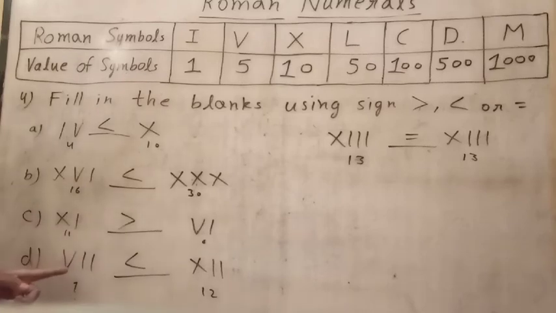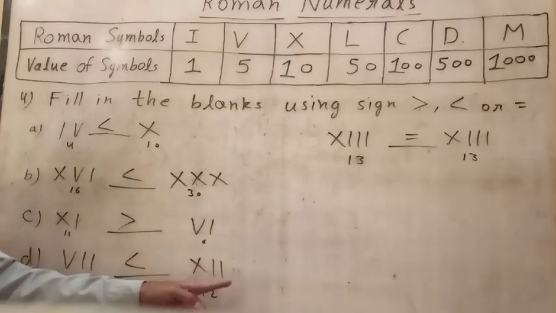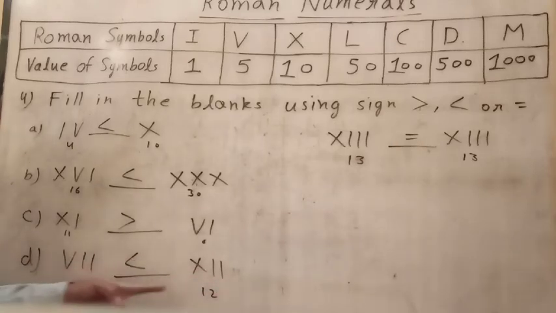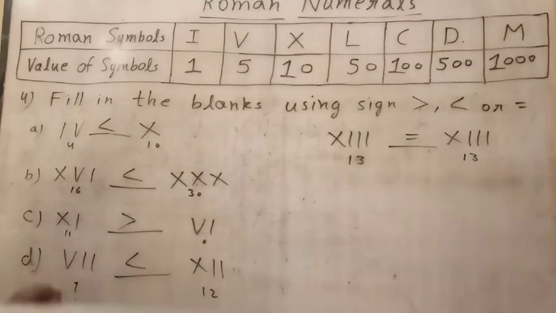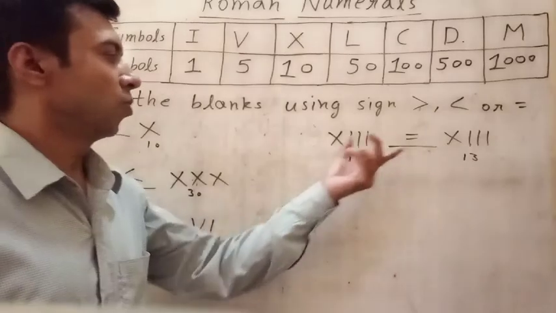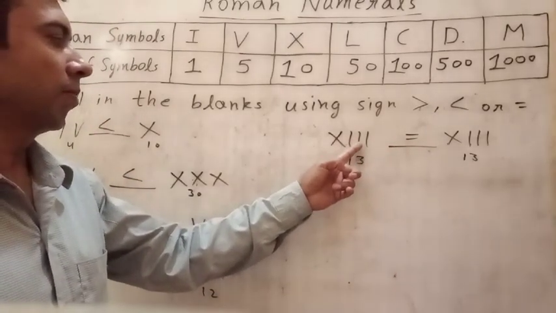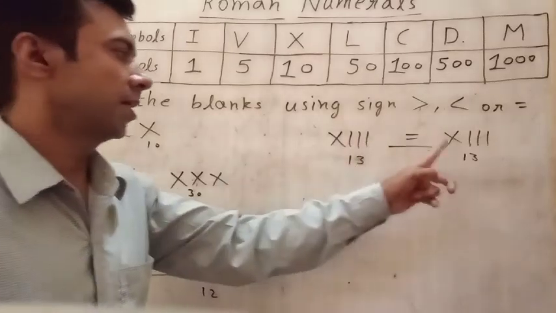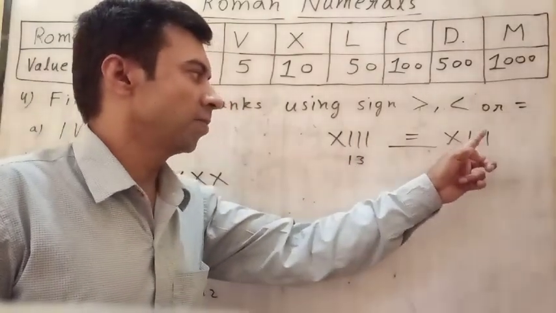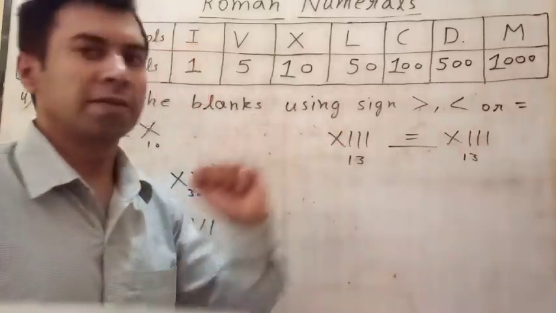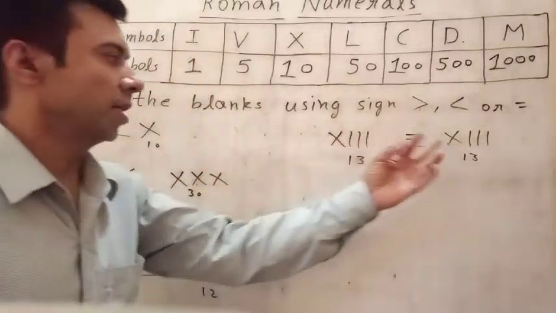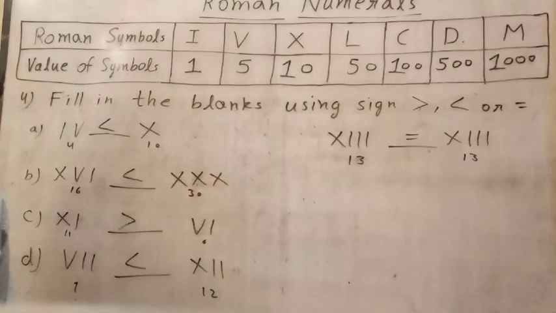Then 5 plus 1, 6, plus 1, 7. Here 10 plus 1, 11, plus 1, 12. 12 is greater than 7. Here both sides 13: 10 plus 1, 11, plus 1, 12, plus 1, 13. Both sides 13, so we put the equal to sign.